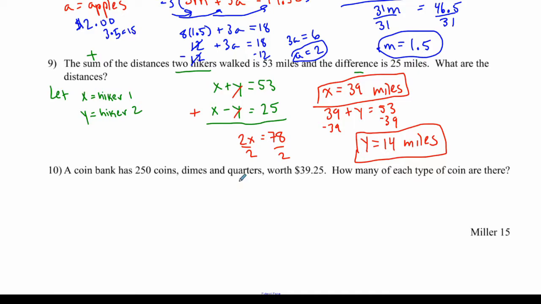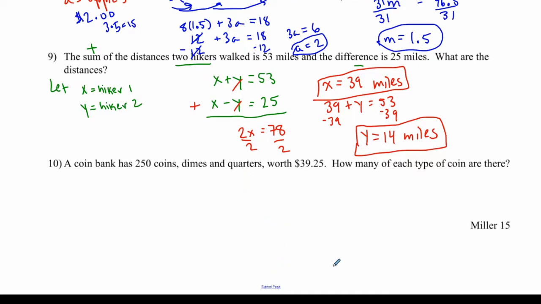A coin bank has 250 coins, dimes and quarters, worth $39.25. Okay, how many of each type of coin are there? So we know there's only dimes and quarters. So let's use D for dimes. Let's use Q for quarters.